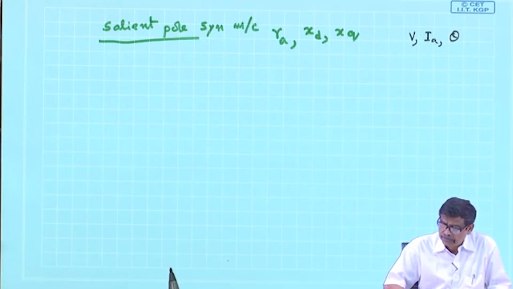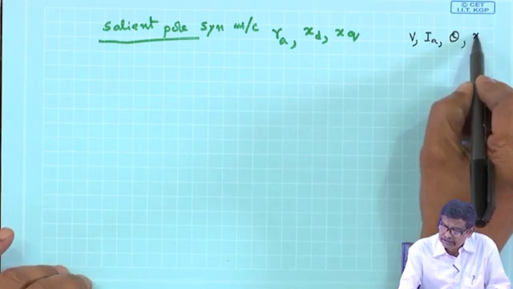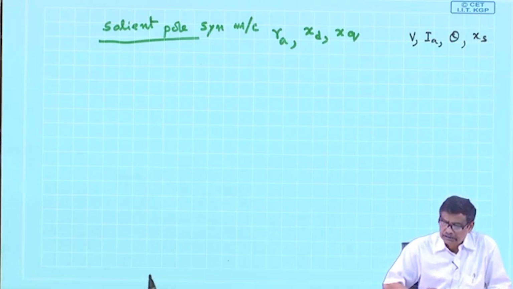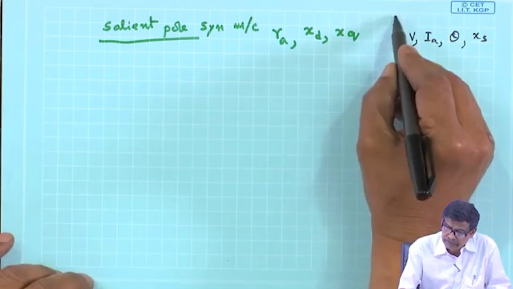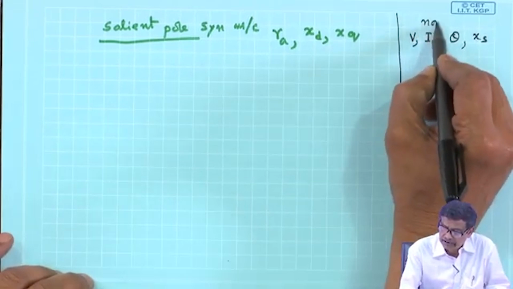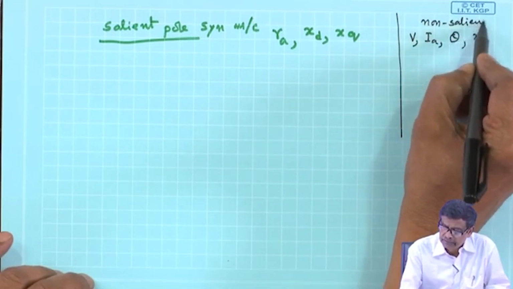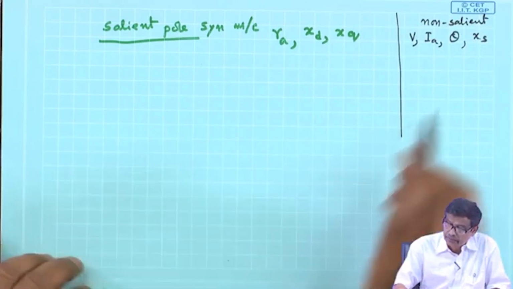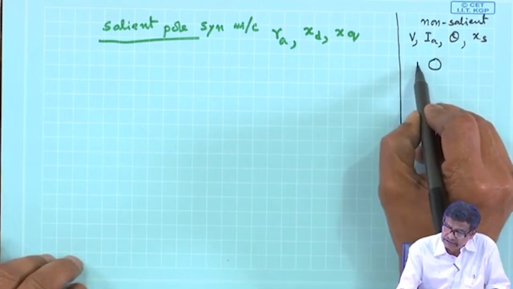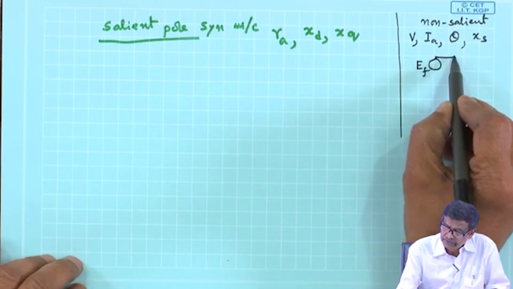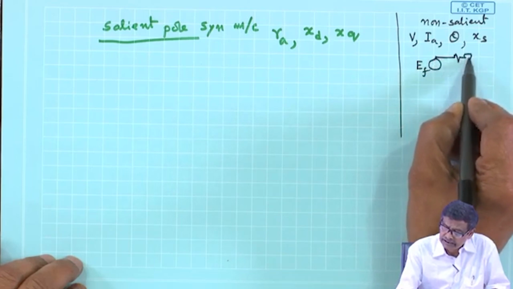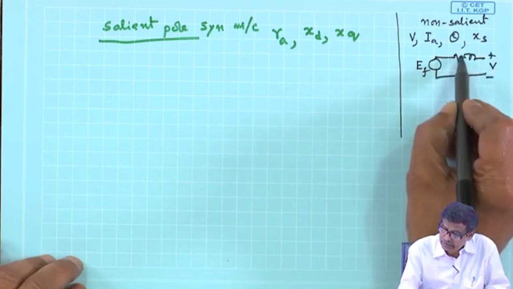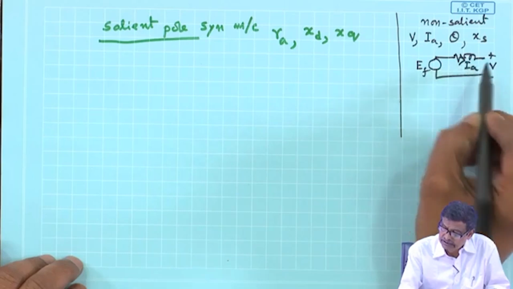So, in a cylindrical machine there was only one reactance Xs. If this synchronous machine, which is non-salient pole type, is operating in generator mode, you draw the circuit diagram like this: Ef, then show the Ra, Xs, and here is your terminal voltage V, and since it is operating as a generator, draw the current like this.